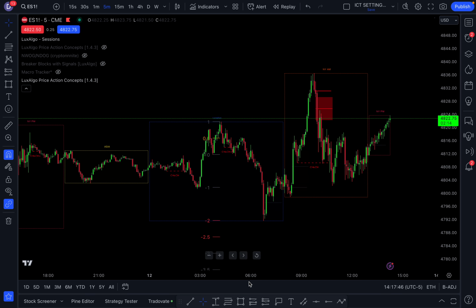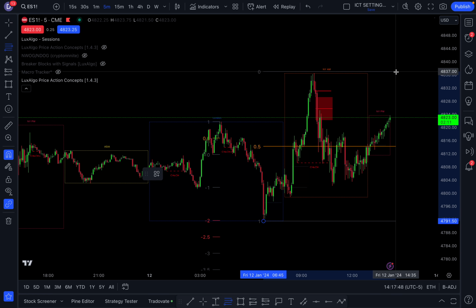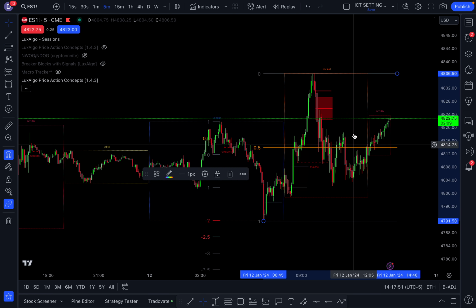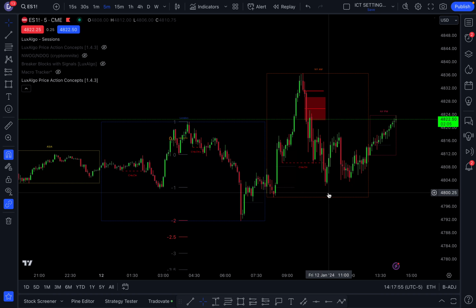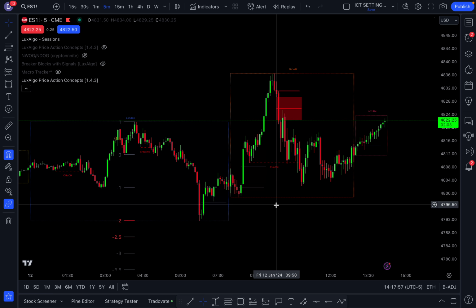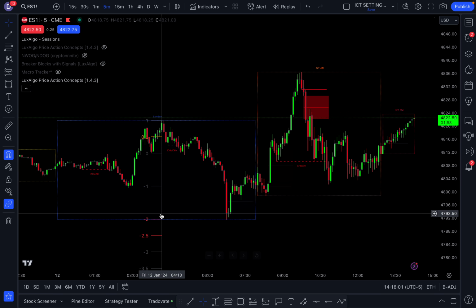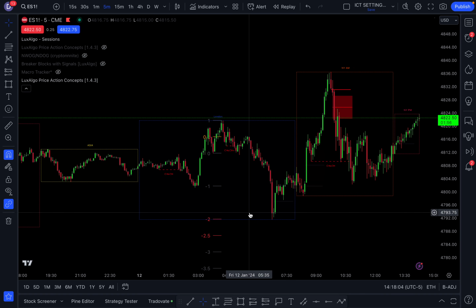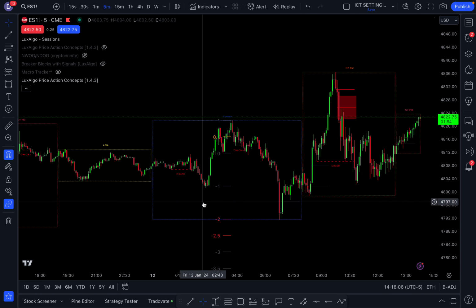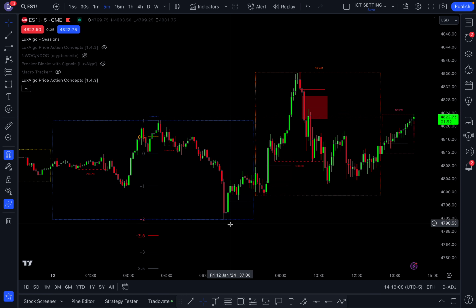Alright, so right now the price stayed at equilibrium for the whole day. Another confluence I had in my trade was that the market went down in the morning, so it took the liquidities, did a sweep also, everything here. So it ran liquidity. So now what will it do?